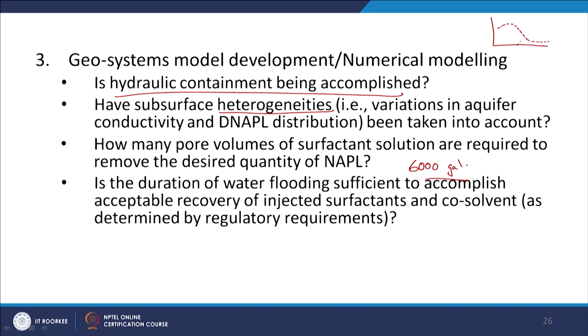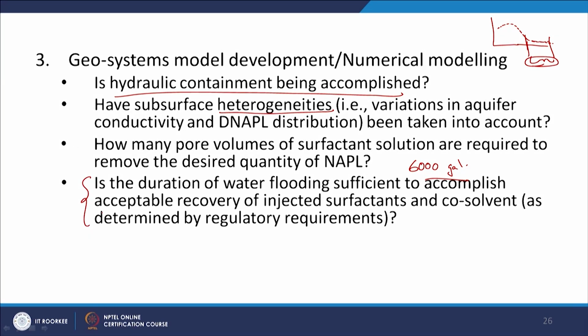So from the model, you need to predict how much time is required for this water flooding to bring down the residual concentrations of these surfactants to reasonable limits. That is what you have here.